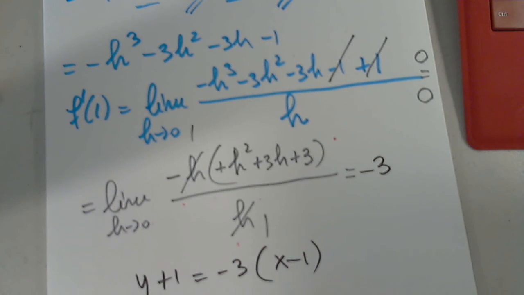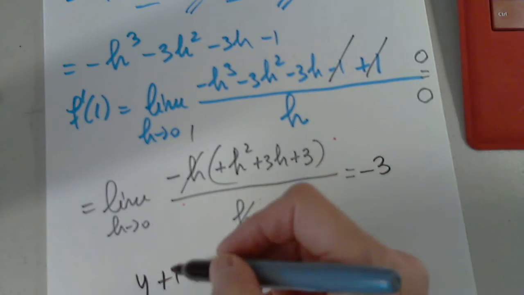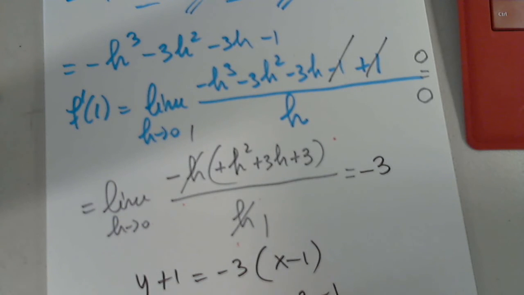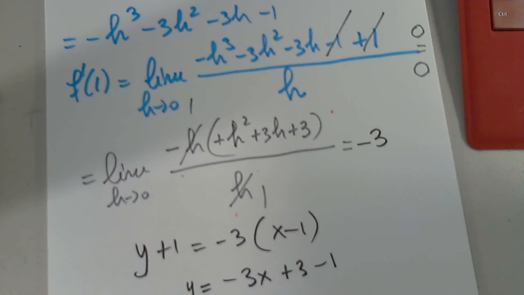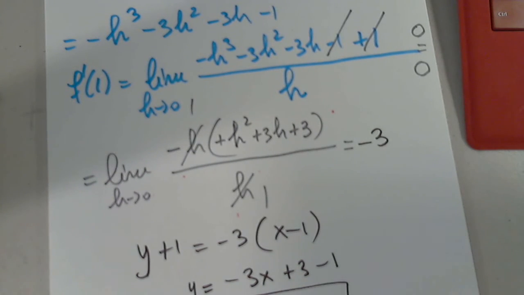And we get negative 3x, and we get positive 3, and we move negative 1 to the other side. So y equals negative 3x plus 2. This is the equation of the tangent line to the graph of x squared minus 2x cubed at the point 1 comma negative 1.